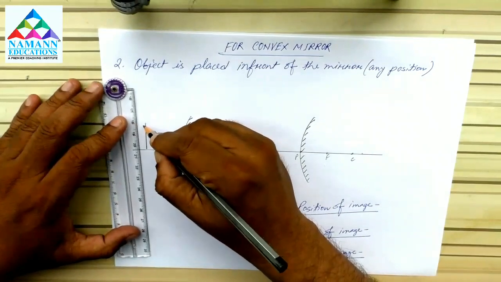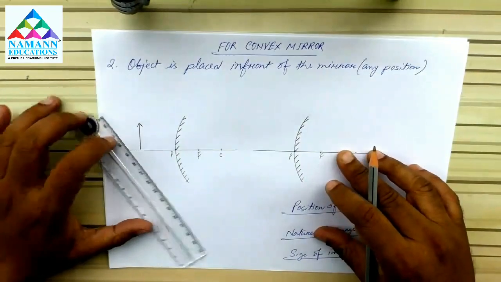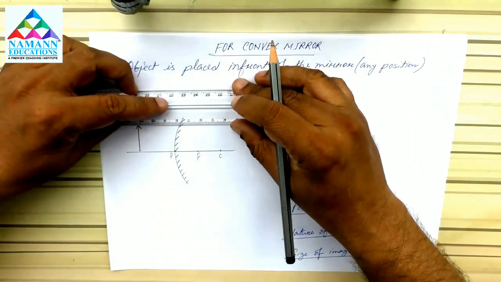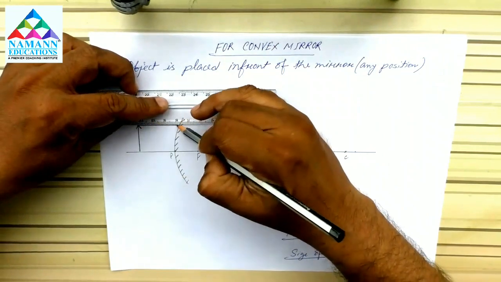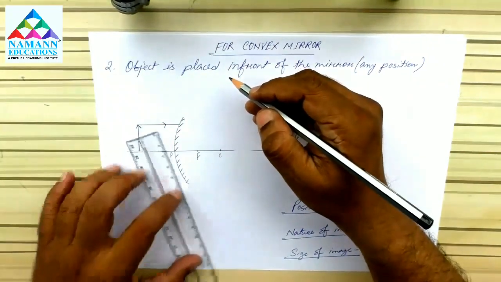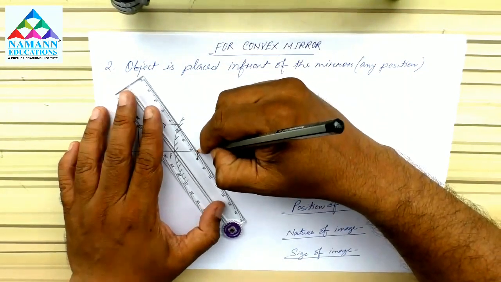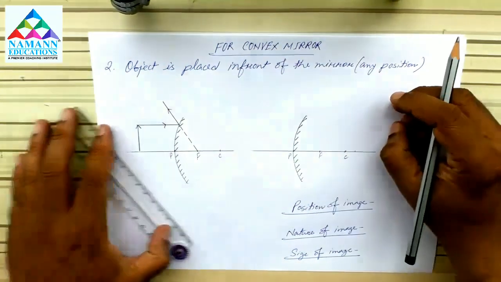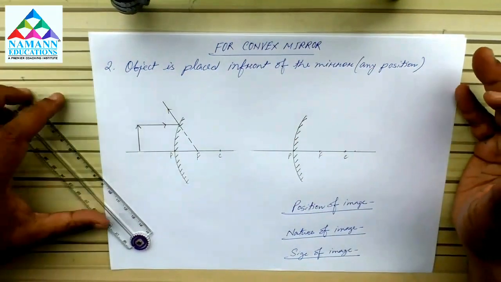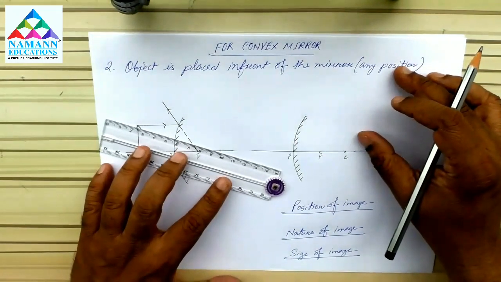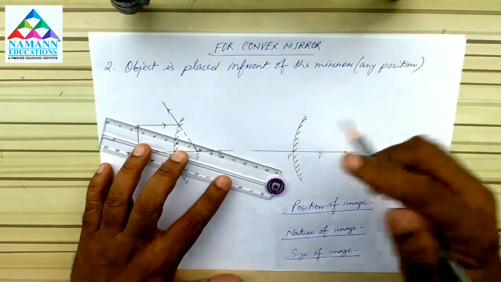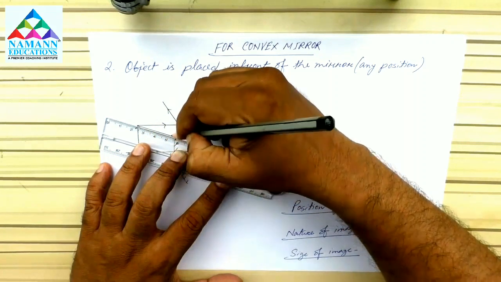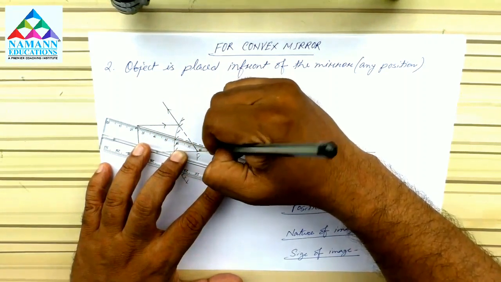If object is placed in front of the mirror, we can consider a ray of light incident parallel to the principal axis. After reflection this light ray appears to diverge from focus. And a ray of light directed towards the center of curvature retraces its path.